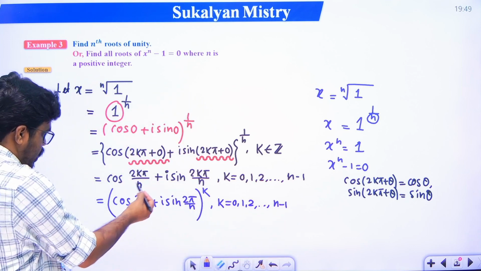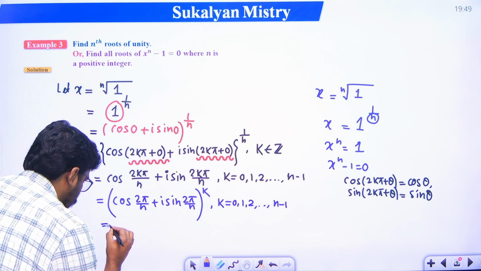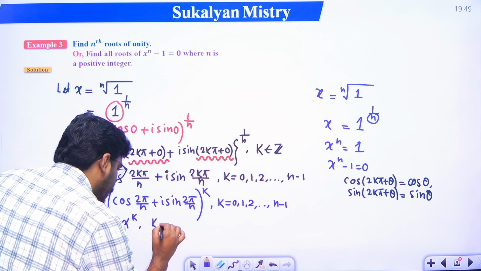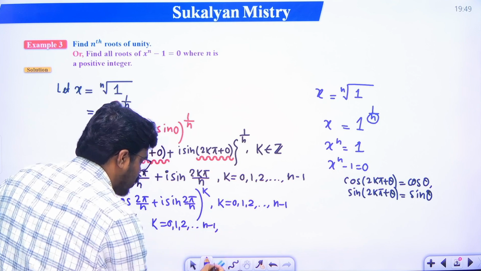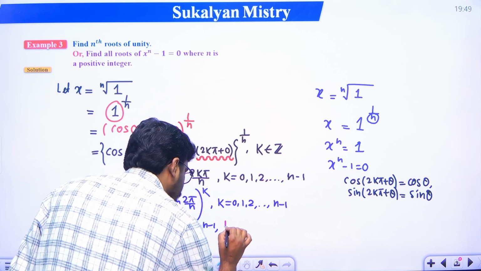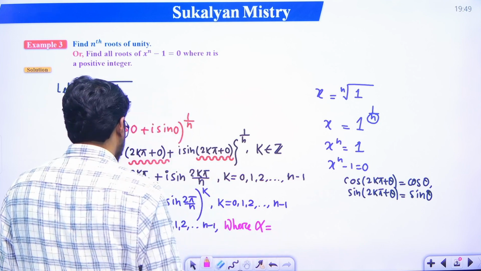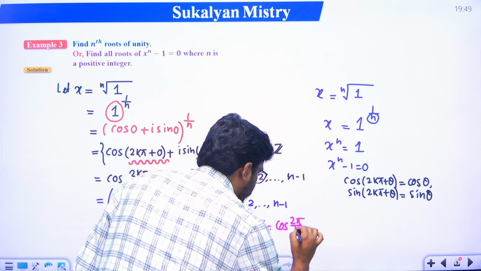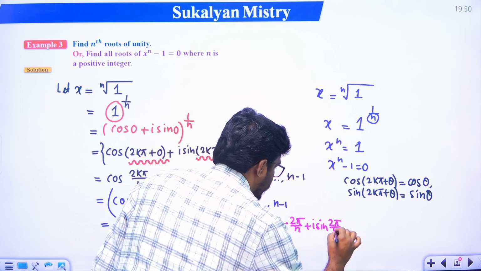Now, if we consider this as alpha, then this equals alpha to the power k, where k is 0, 1, 2 up to n minus 1. Where alpha is equal to cos 2 pi by n plus i sin 2 pi by n.